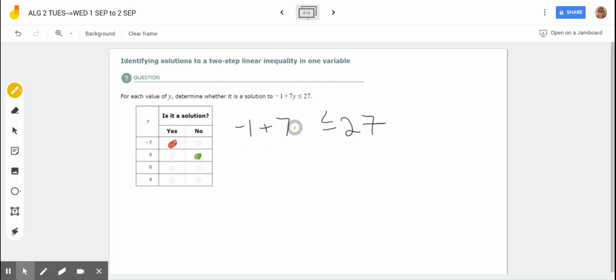So -1 plus 0. Is that less than or equal to 27? Yes, indeed. So all you're doing is evaluating these and seeing if they are true statements. All right, last one. Plug in a 4. -1 plus 28. 27 is less than or equal to 27. Yeah, it's equal to. So yes, indeed.